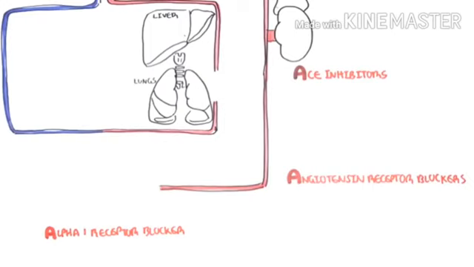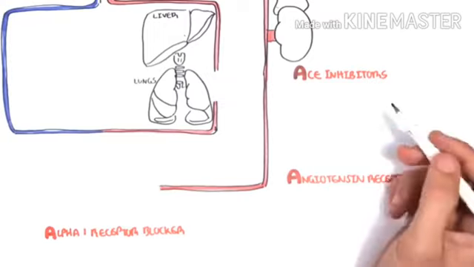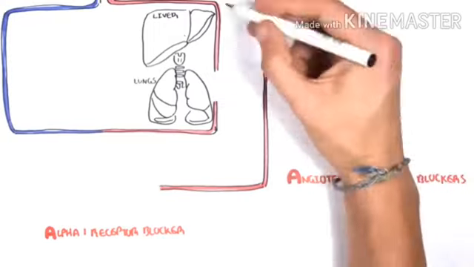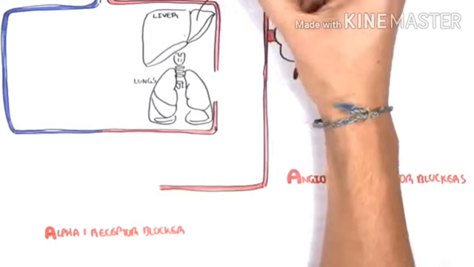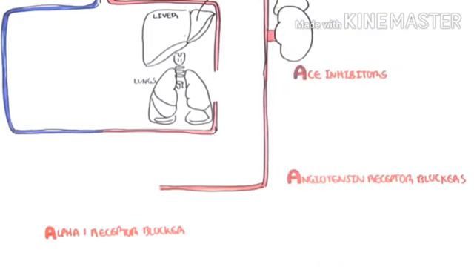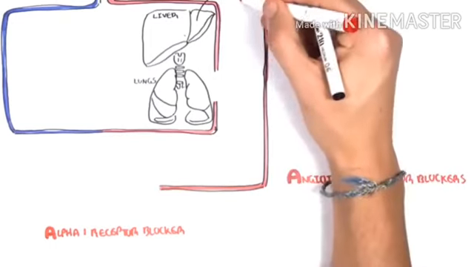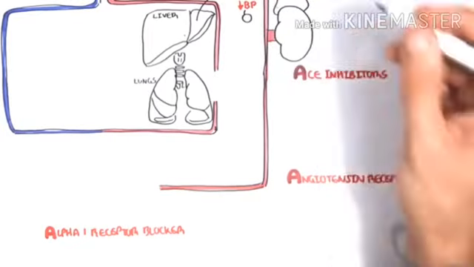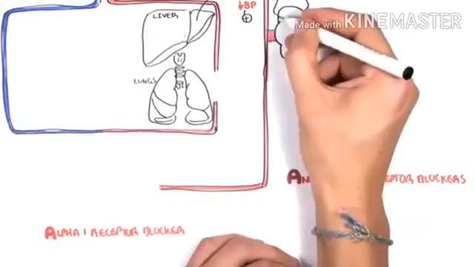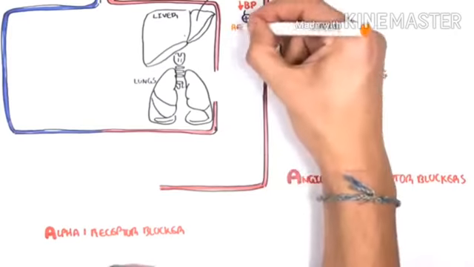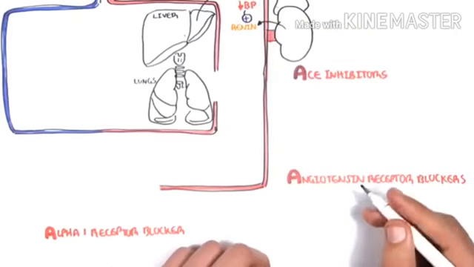Before starting all that, we must know some basic things about the renin-angiotensin system. The liver secretes a protein called angiotensinogen. When blood pressure goes below normal, it gives signals to the kidneys. The kidneys release an enzyme called renin.